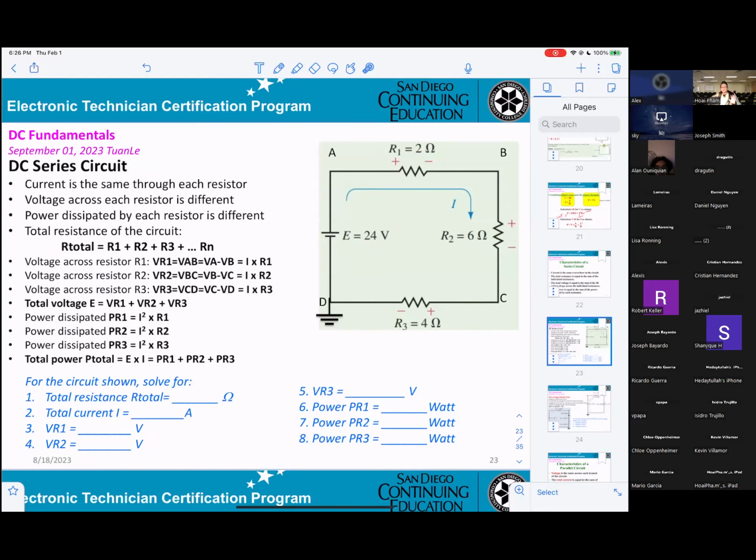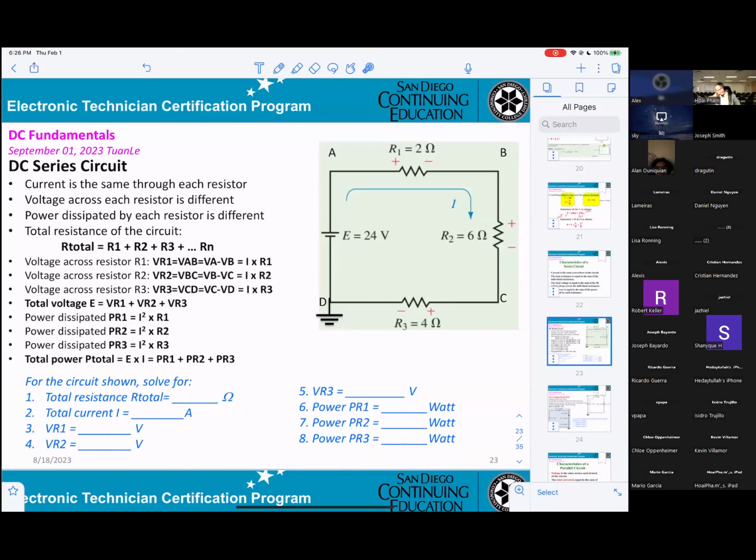Very important here: when you look at a circuit in DC, you get two types of circuits. One is called series. The other one is called parallel. How do we recognize which one? Now I'm talking about series first.